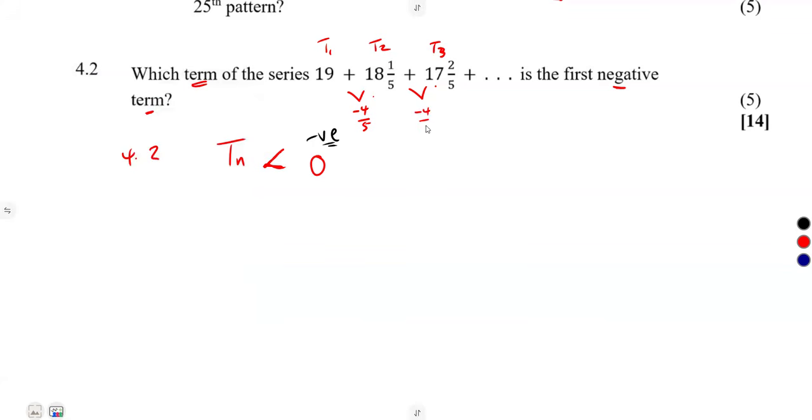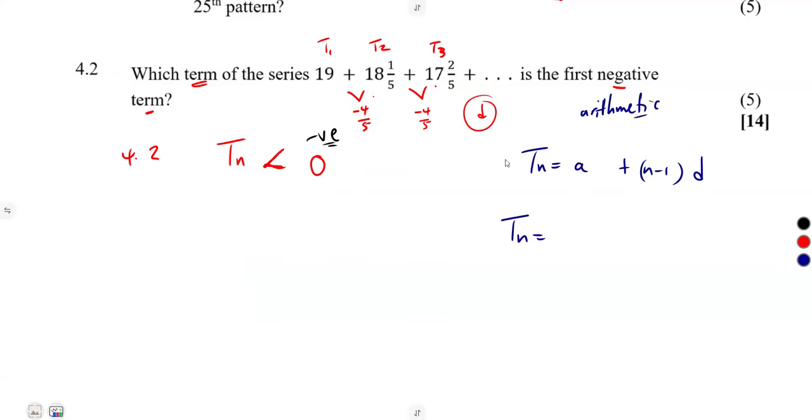So guys, we can see that this is an arithmetic sequence where we've got a constant difference. So the Tn that we are referring to is of an arithmetic, which we understand is a plus n minus 1 times d.